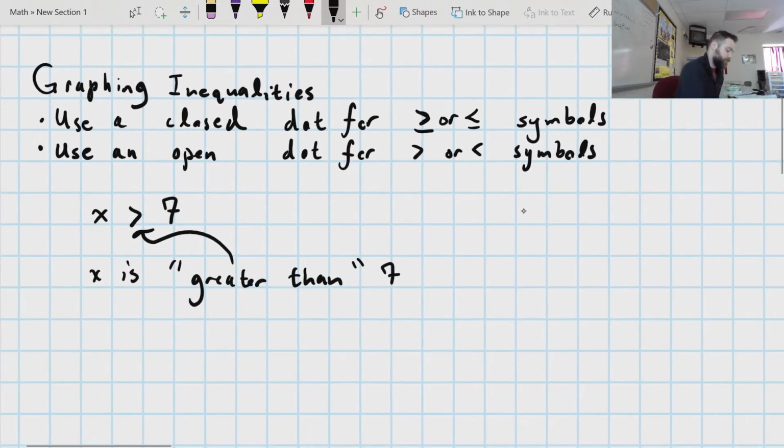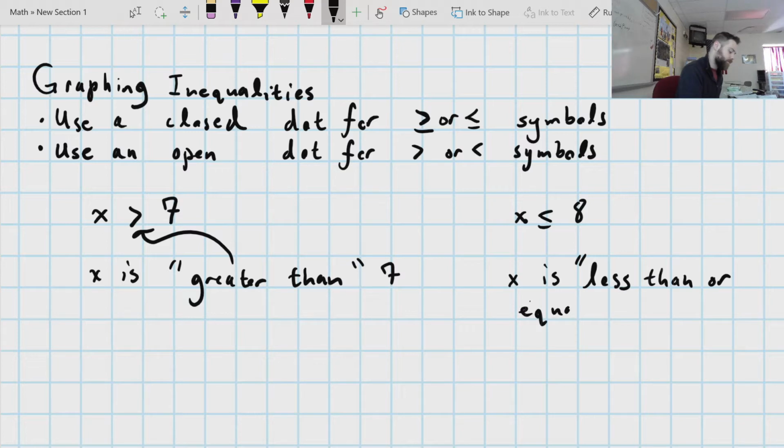And so here's another one. x is less than or equal to 8. So let's try this one. So x is less than or equal to 8. And so there's two types of symbols here.